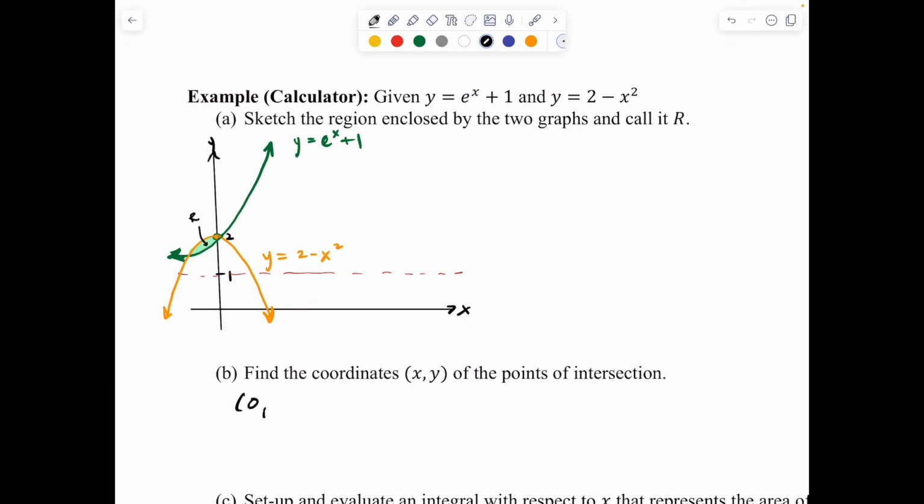The 0, 2. And then you want to find this other point of intersection here, and you should get, I'm going to write down what I see on my calculator, negative 0.714556, comma, 1.4894092.